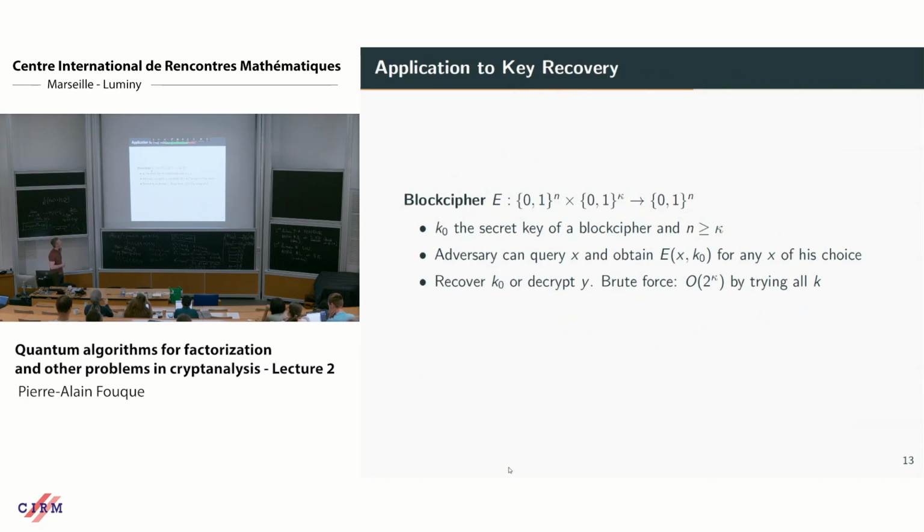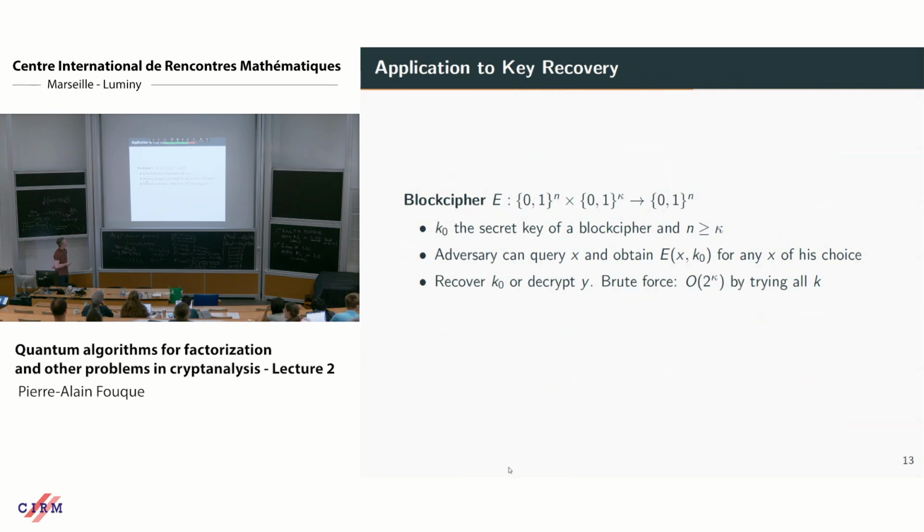And the size of the keys that we are looking at is kappa bits, and maybe we can assume that kappa is smaller than n, but if it is not, it's not a big deal. You can concatenate many outputs of the function.